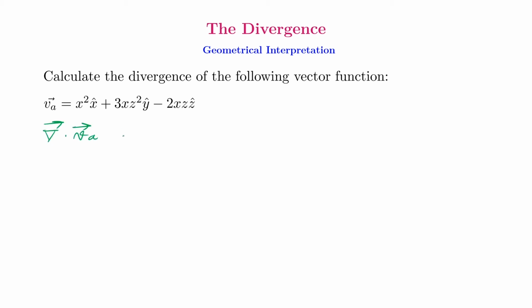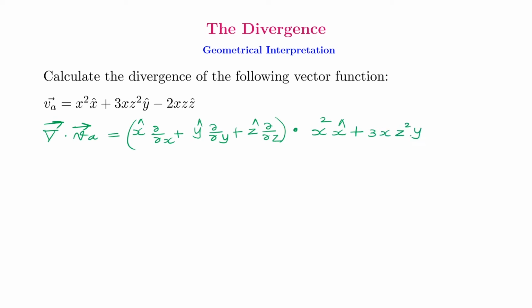Del dot VA equal to x hat ∂/∂x plus y hat ∂/∂y plus z hat ∂/∂z dot x² x hat plus 3xz² y hat minus 2xz z hat.